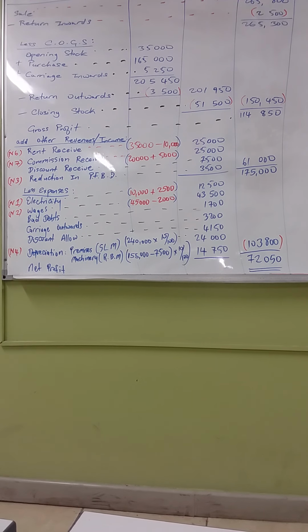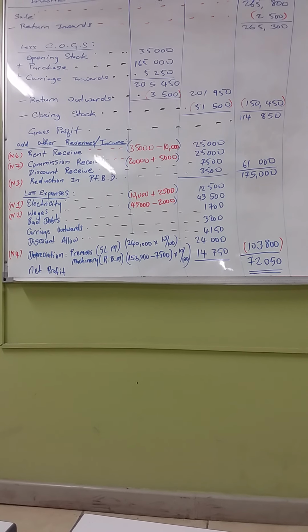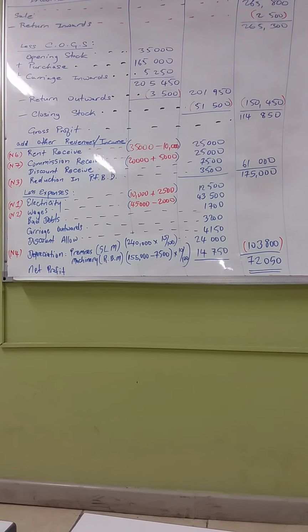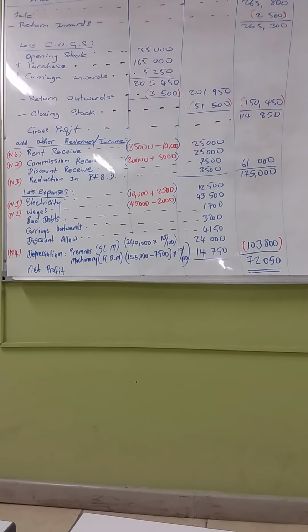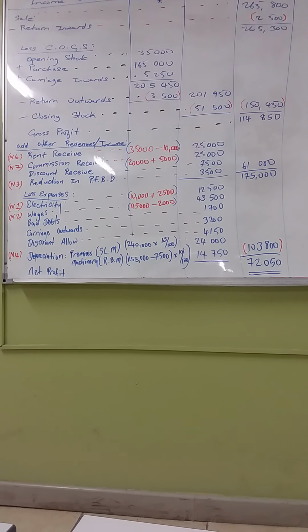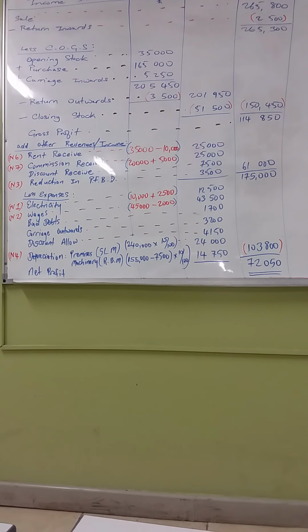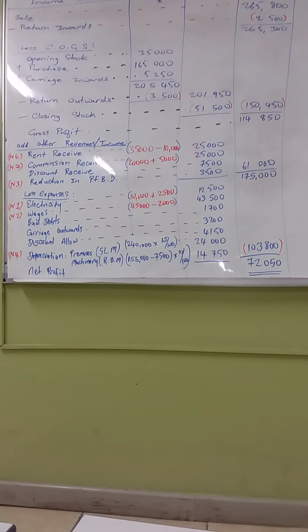Next you subtract your return outwards. Your return outwards was 3,500. Now remember, before you can do this question, you look at the question. The first thing you're supposed to do is match words with figures.